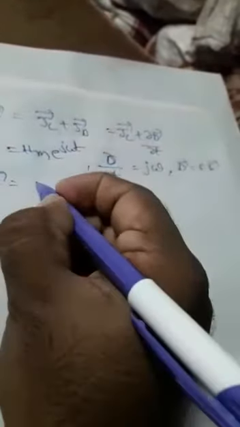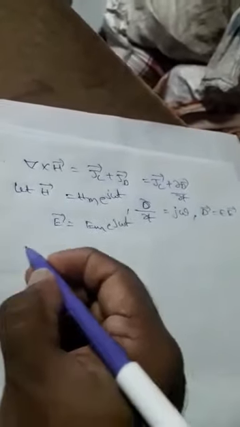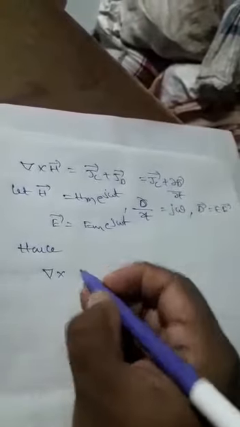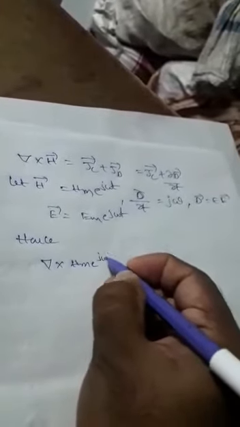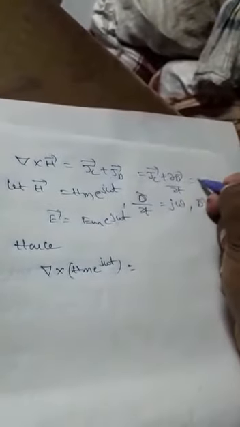Also D bar is equal to epsilon E bar, and E bar is equal to E max into e to the power of j omega t. Hence the Maxwell's equation can be modified as curl of Hm into e to the power of j omega t, that is Jc equal to sigma E, we can apply it, no problem. If you do not consider sigma E bar, that is also no problem.